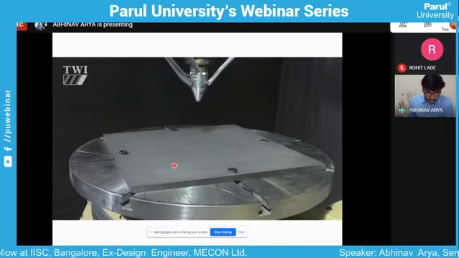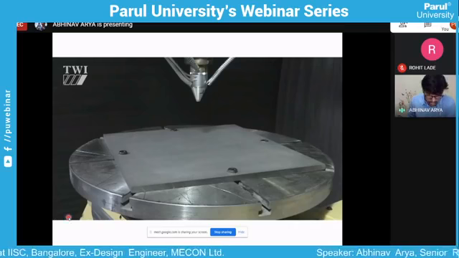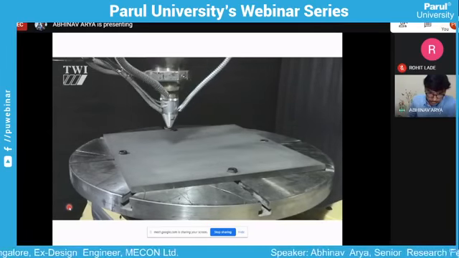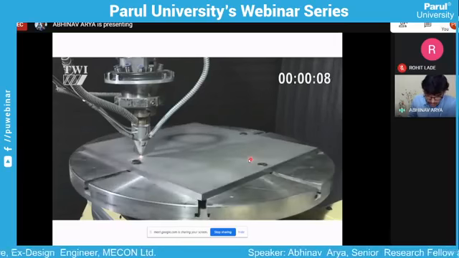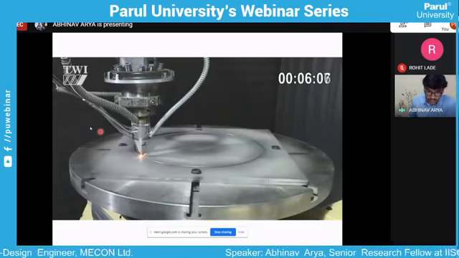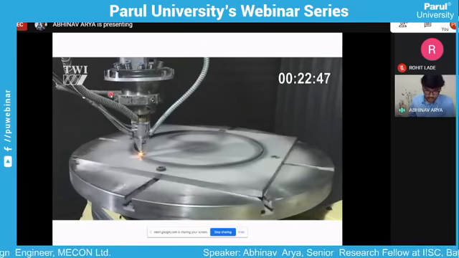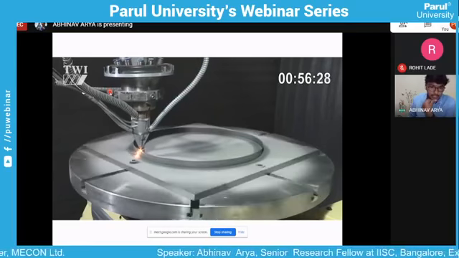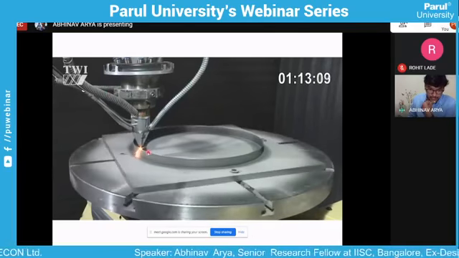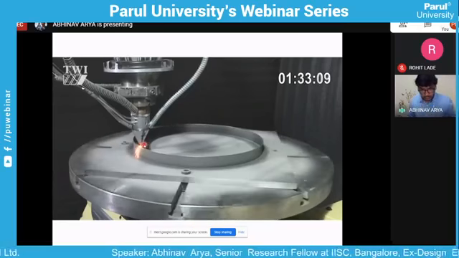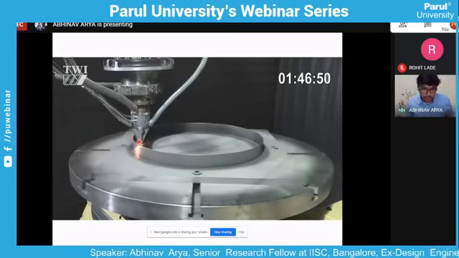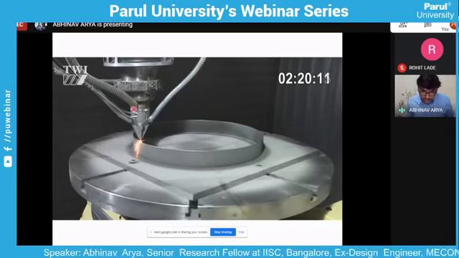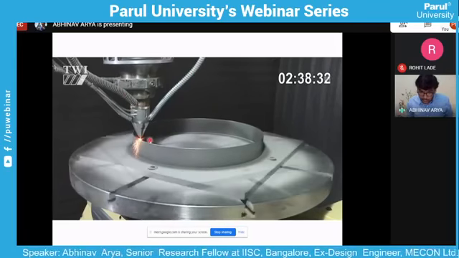So here is a small video. I'll just show how this 3D printing takes place. The technique that I'm showing here on the substrate is called laser metal deposition. You can see that from this nozzle, metal is coming, which is being fed from here, and the laser is melting it, and then that is getting deposited.